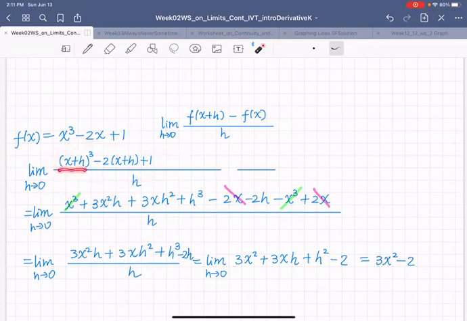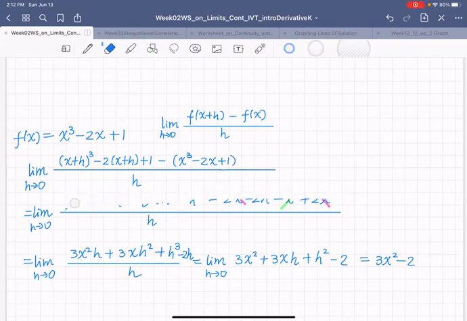Okay, so (x+h) cubed minus 2 times (x+h) plus 1, minus, and then in parentheses, x cubed minus 2x plus 1. Very good. And then I just distributed all. Sure. Let's go ahead, do it.